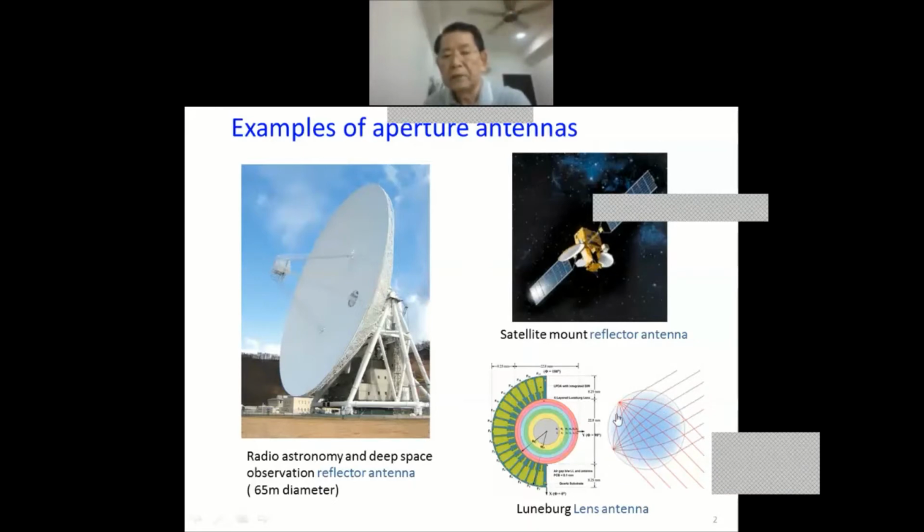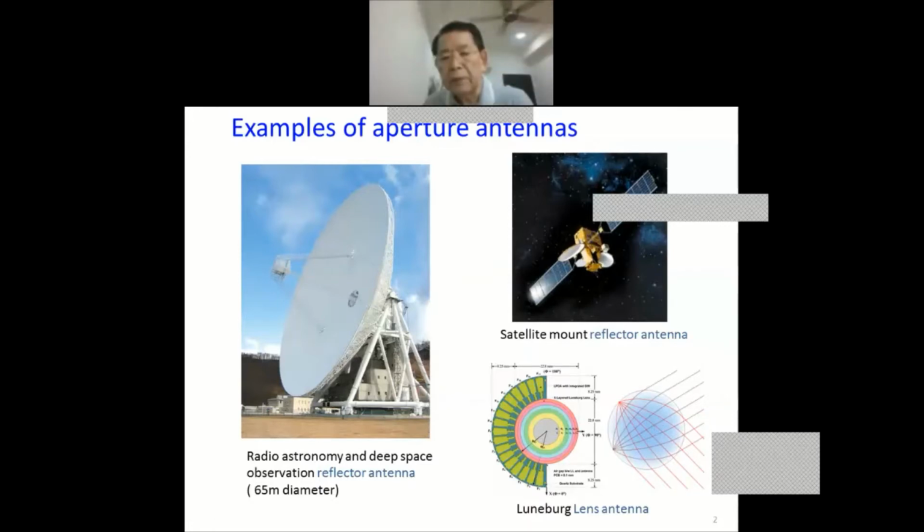So this is the electric substrate. The electromagnetic wave is transmitted from here, and then the electromagnetic wave is curved.